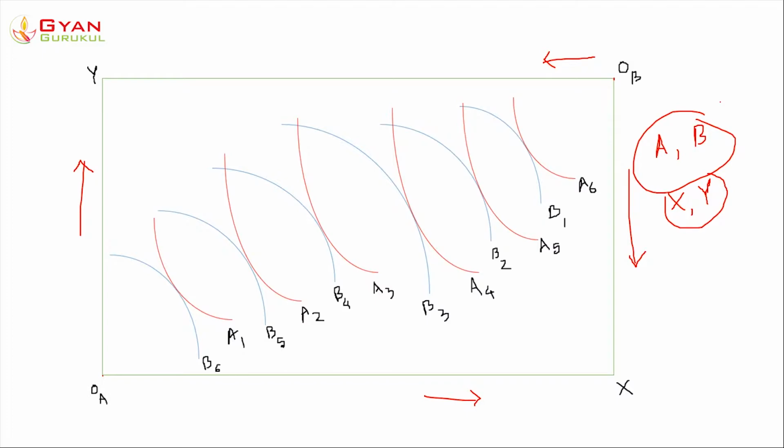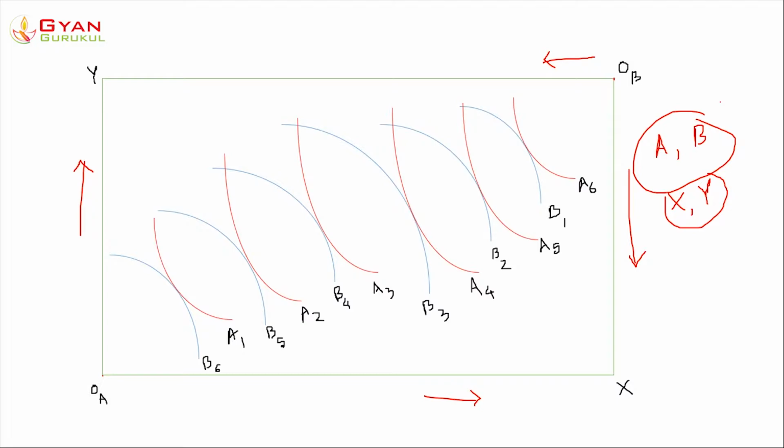What are these curves showing? These curves are showing various combinations of commodity X and commodity Y that would bring consumer A a certain particular level of utility.